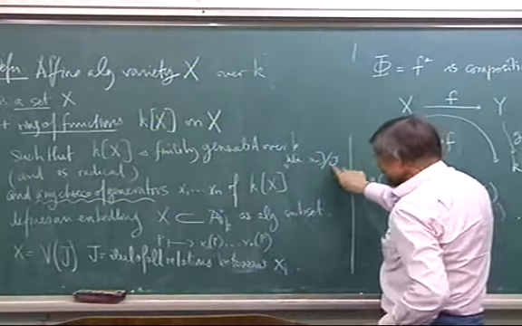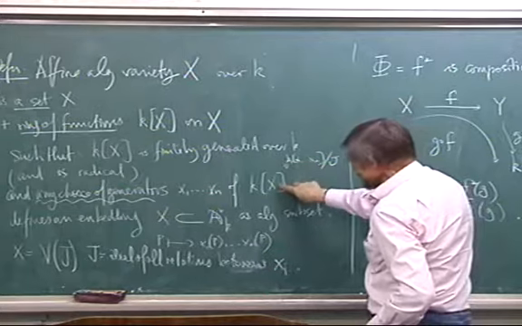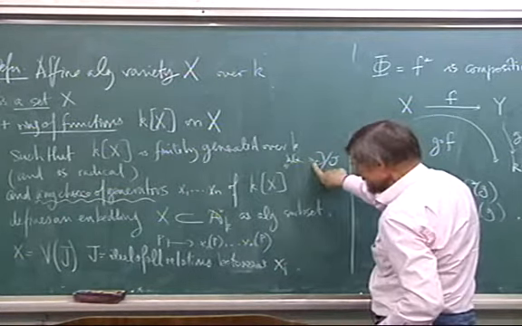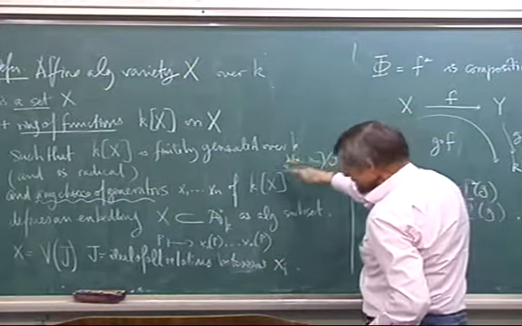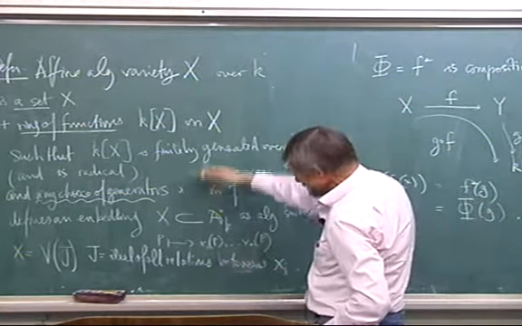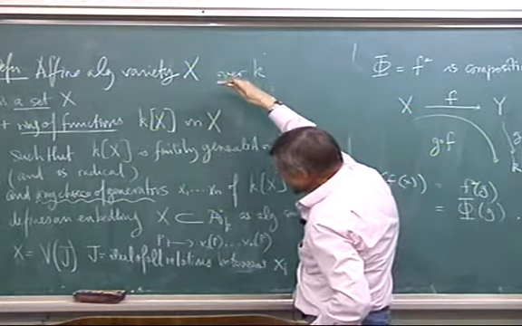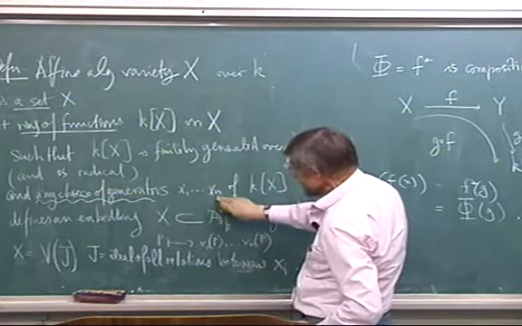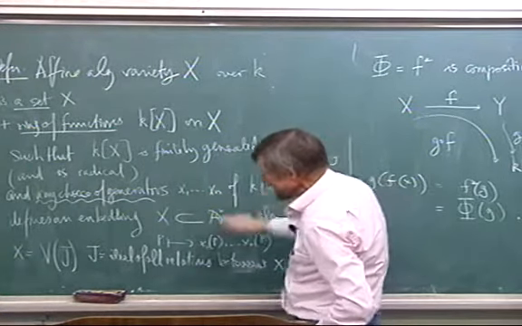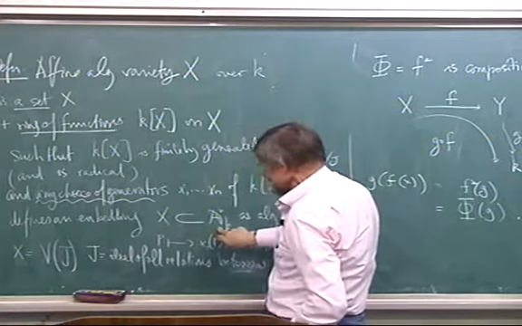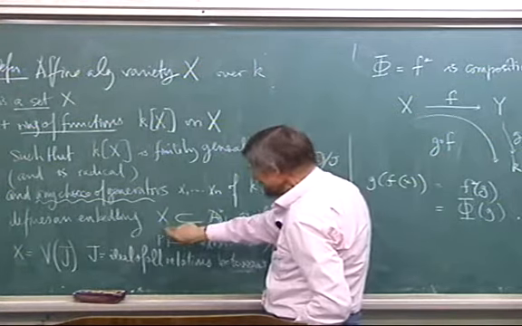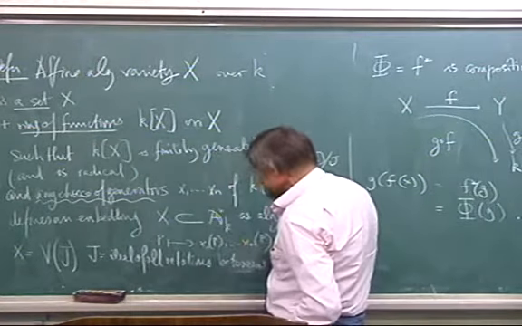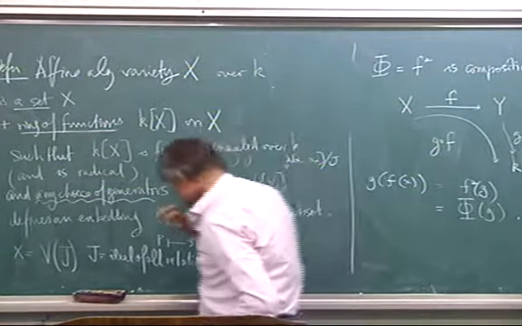This ideal J is just the set of relations that hold in this ring between this set of generators. So my definition is that I've got to have a set X and a ring of functions on it, so that if I choose the generators, I get this ideal. Then this is an embedding there into there, and the image is just the set X embedded by this function, and it's supposed to be an algebraic subset.